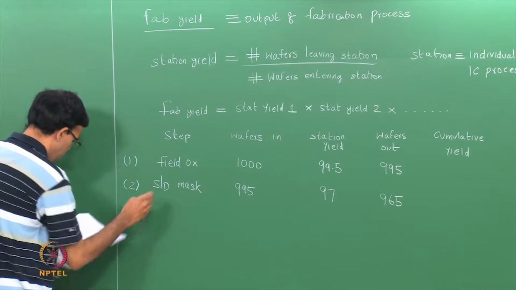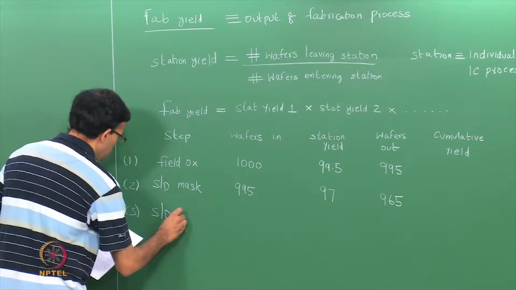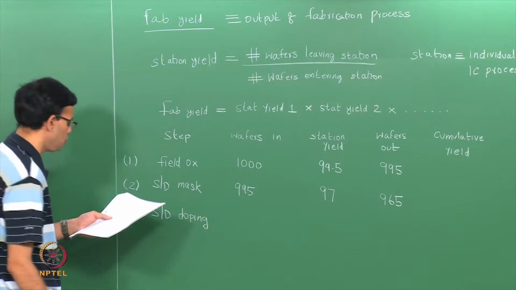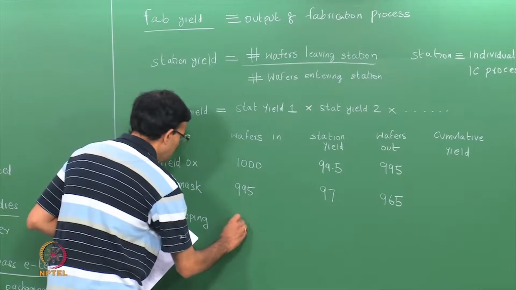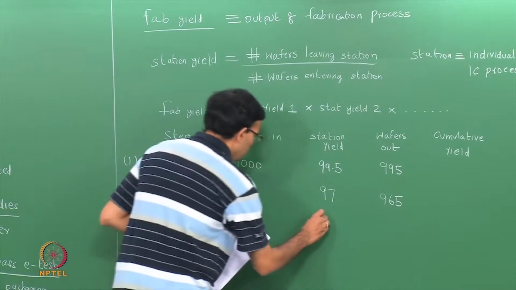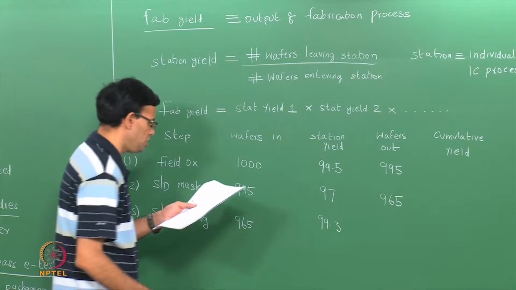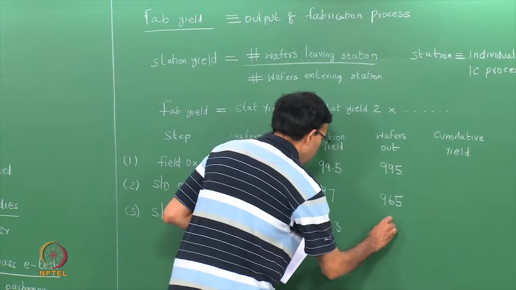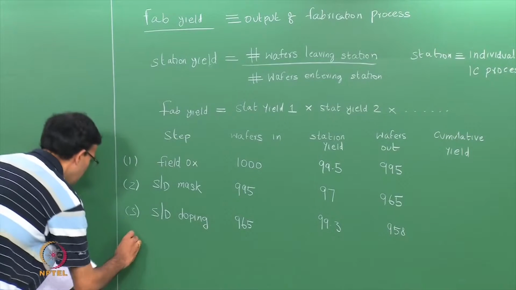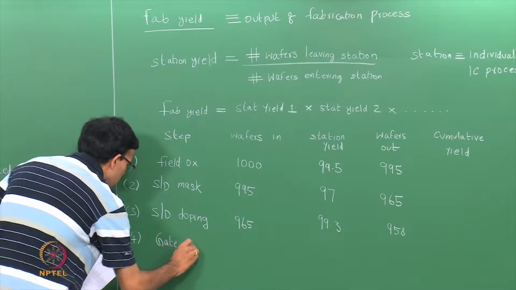Your third step is your source and the drain doping. So, you form the individual source and the drain regions. So, we start with 965, 99.3 is your station yield, your output is 958. The fourth step is gate ox.